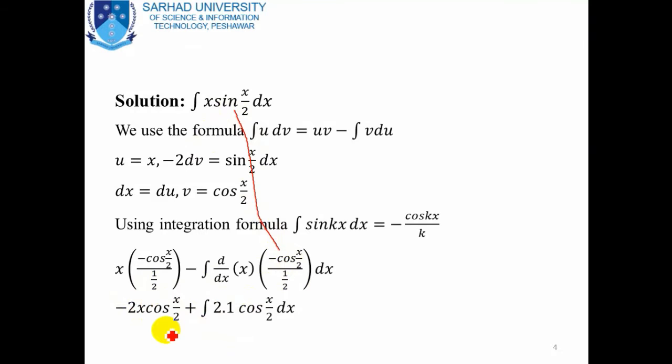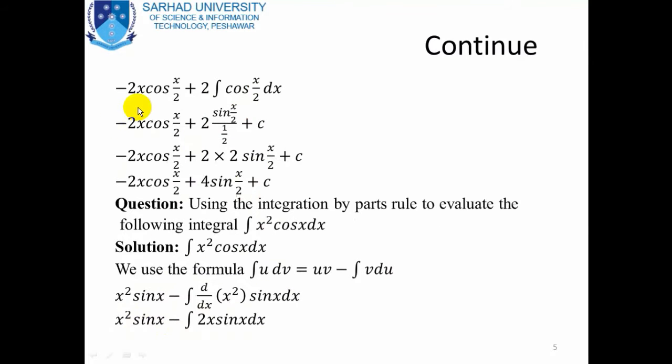Now after simplification, we obtain minus 2x cos x by 2 plus 2 into integration of cos x by 2 dx. Now in this part, you see over here, the product has disappeared. There is no product of two functions, only one term, which is cos x by 2.